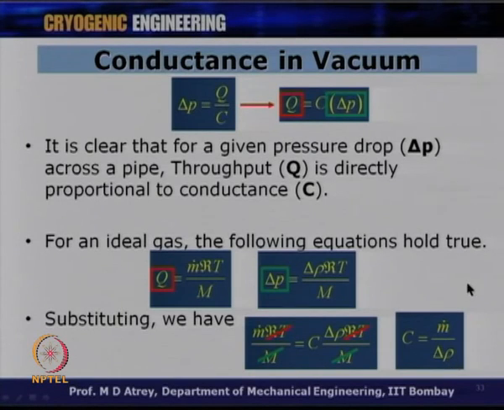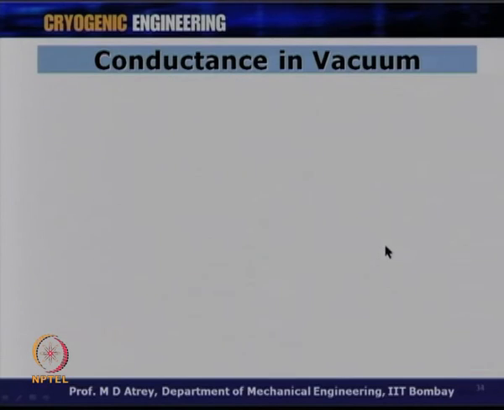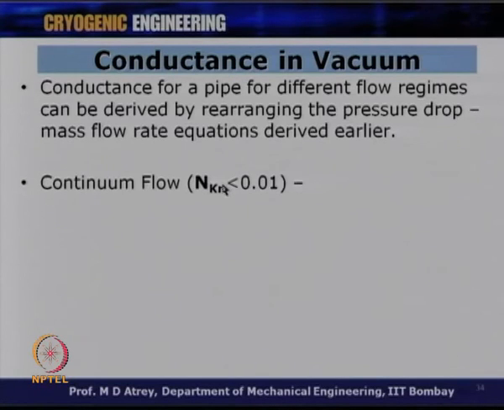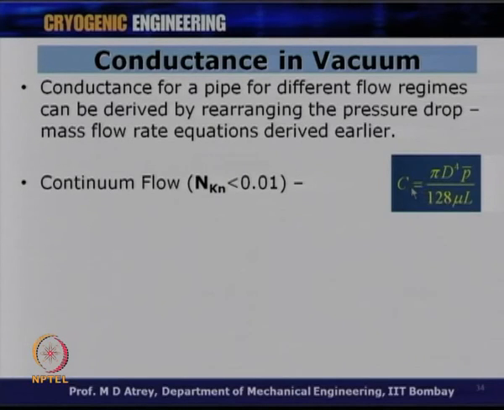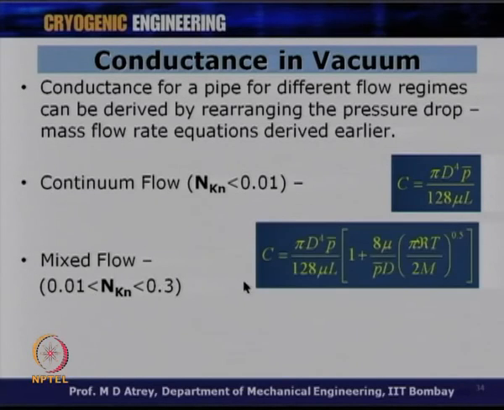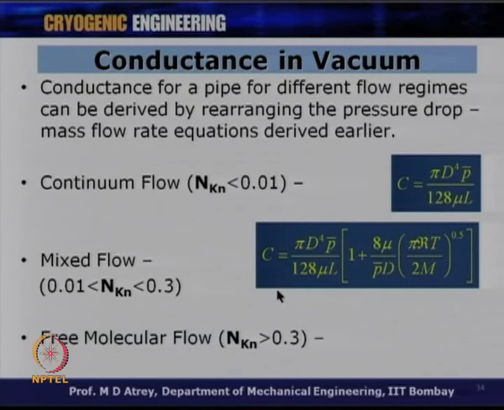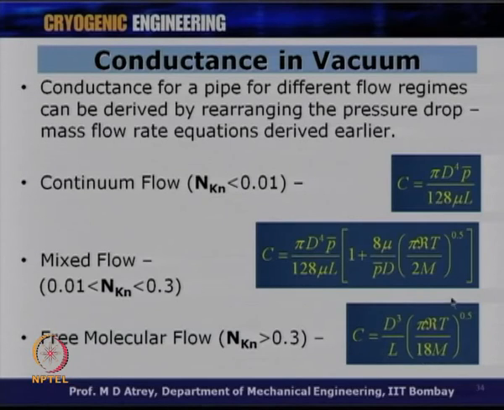It will cancel out delta rho in that particular equation, and therefore, what we will get is for continuum flow, this conductance is directly proportional to the d to the power 4. For a mixed flow, for the Knudsen number between 0.01 and 0.3, we will get C is equal to this formula, similar to what we had done earlier. And similarly, for free molecular region now, we will get conductance is equal to this.